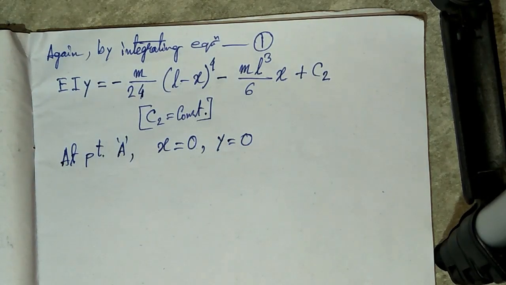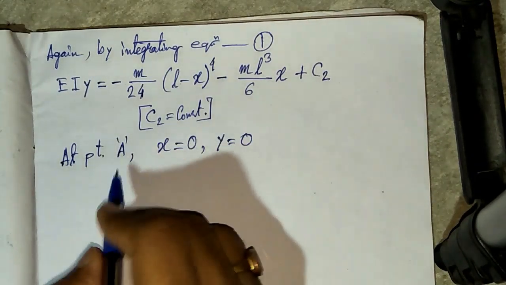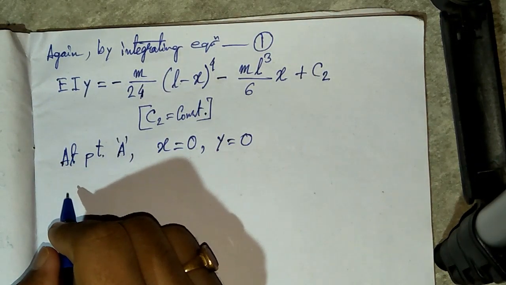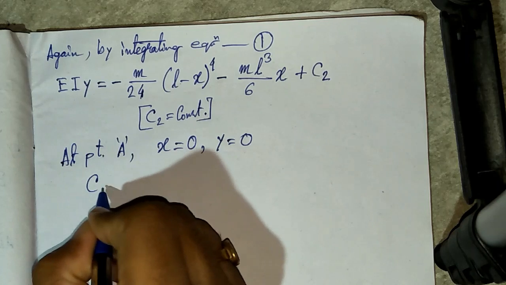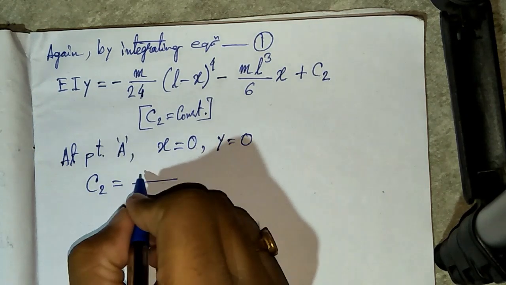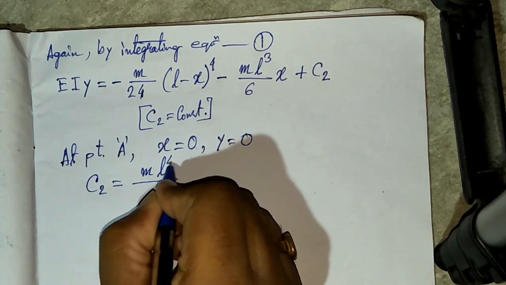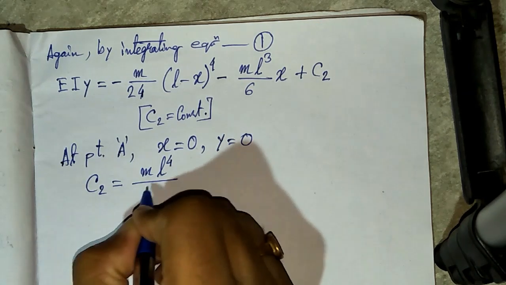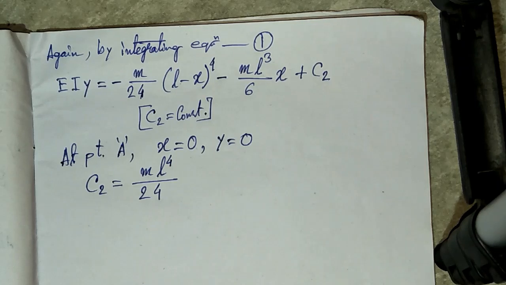By substituting these two values into the above equation, we get c2 equals w L to the power 4 by 24. So this is the value of c2.